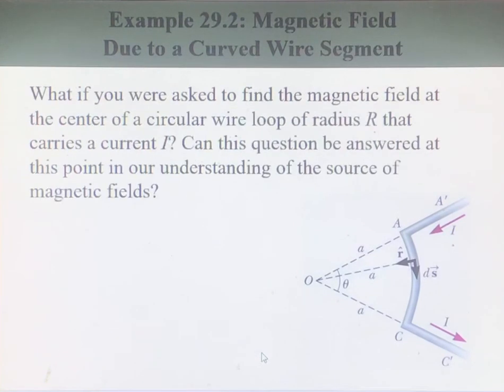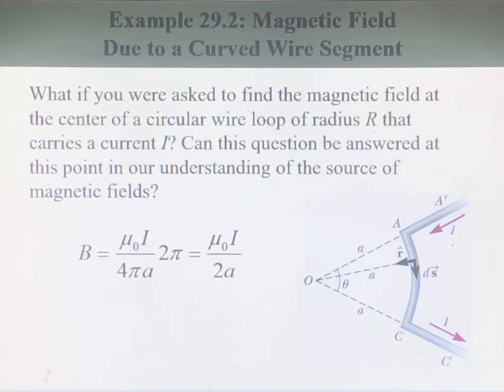Now, if you have a complete circle, you can just substitute theta equals 2 pi. And so you get mu naught times I divided by 2 times a, where a is just the radius.